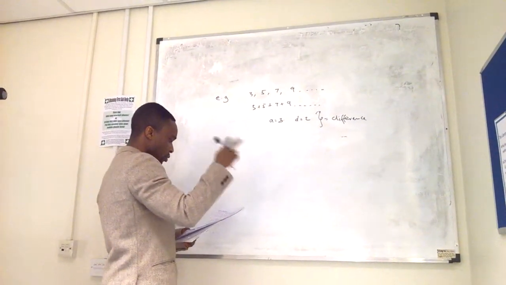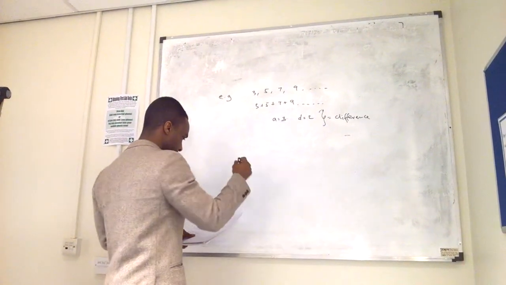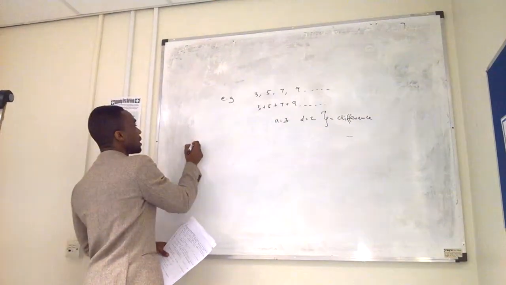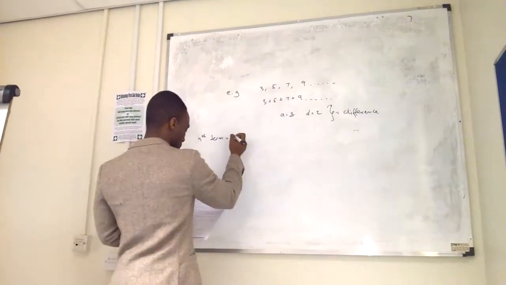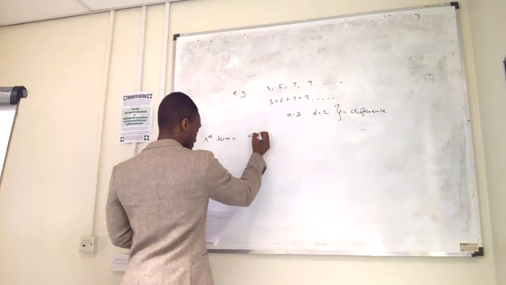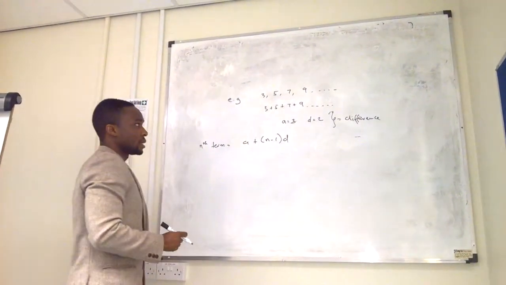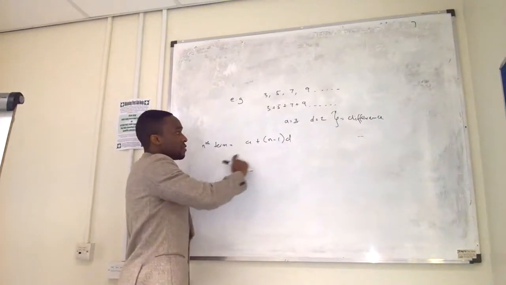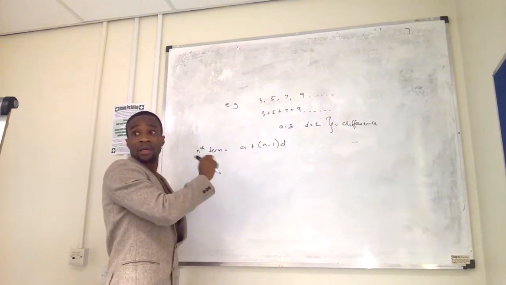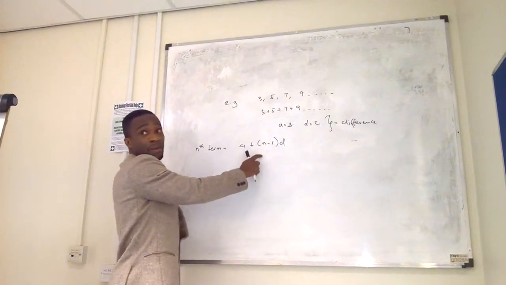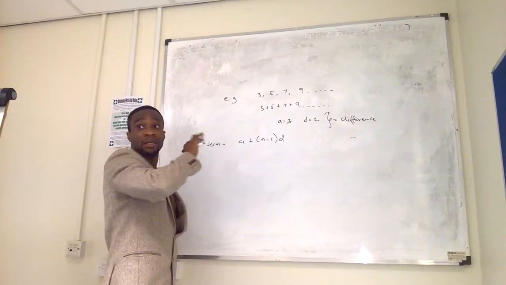To find an nth term, the formula is simple. We just have A plus (n minus 1) times D. This is a very, very important formula if you want to find D. For example, you're given a series and you want to find the difference.